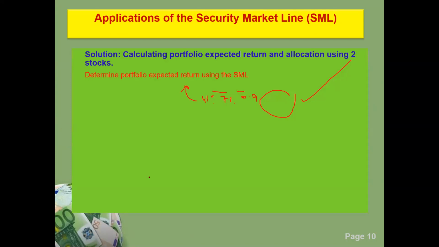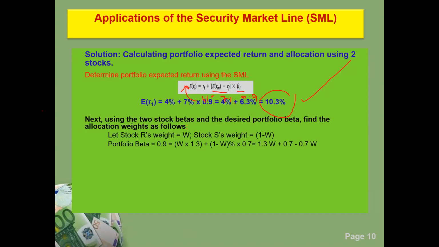For that purpose, let's assume the weight of stock R is equal to W. Then the weight of stock S will be 1 minus W. Both the stocks' weights should add up to 1. So if one stock's weight is W, the second stock's weight will be 1 minus W. Simple mathematics. Do you understand?